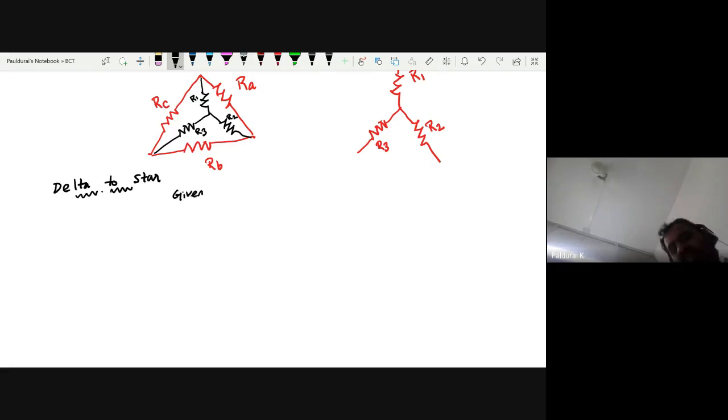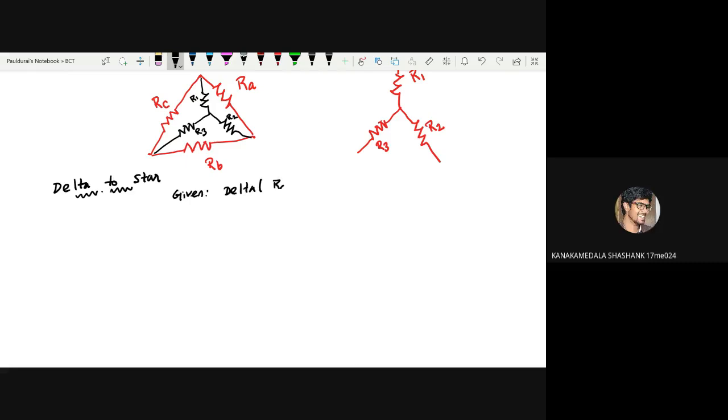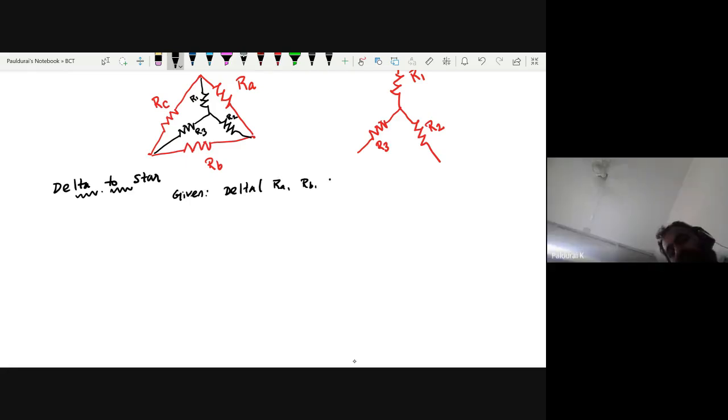So given is delta. Delta-னா, as per my notation, take this, refer this diagram. As per my notation, delta is RA, RB, RC or R1, R2, R3? Delta is RA, RB, RC. Okay, so given delta and you want to find star, right? As per my notation, star is R1, R2, R3.